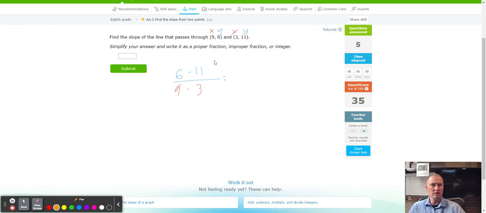So now we can just solve it straight out, right? We got 6 minus 11. Now notice that 11 is larger, therefore it has to be negative. 11 subtract 6 is negative 5 over 9 minus 3 is positive 6. So we're looking for negative 5 over 6.